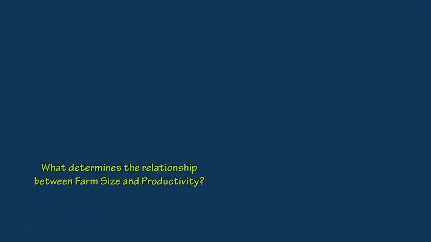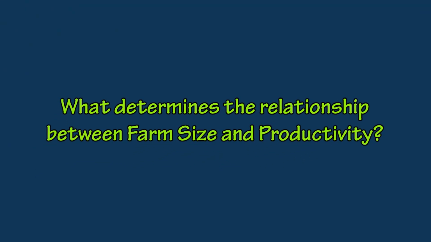Now, given this definition, let us try to find out what determines the relationship between farm size and productivity. Now, when we talk about the relationship between farm size and productivity, we generally talk about three factors.